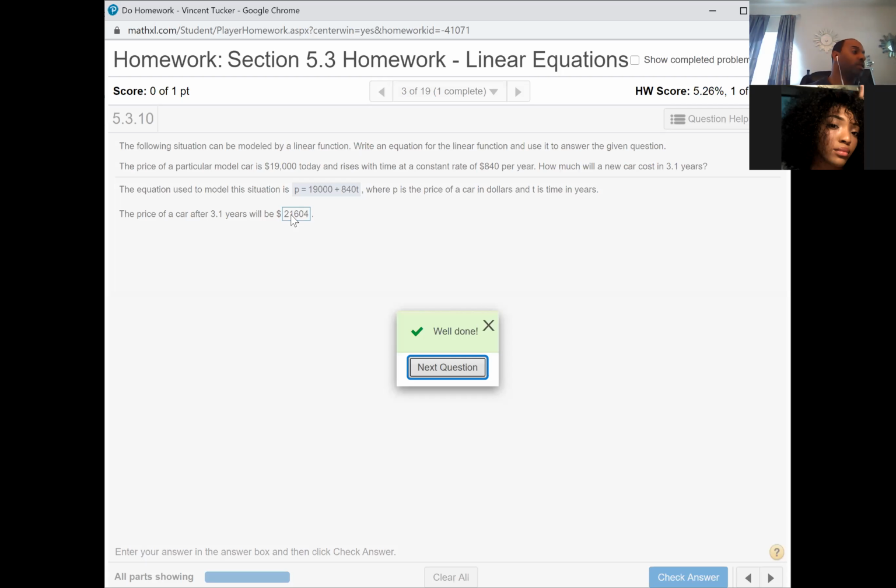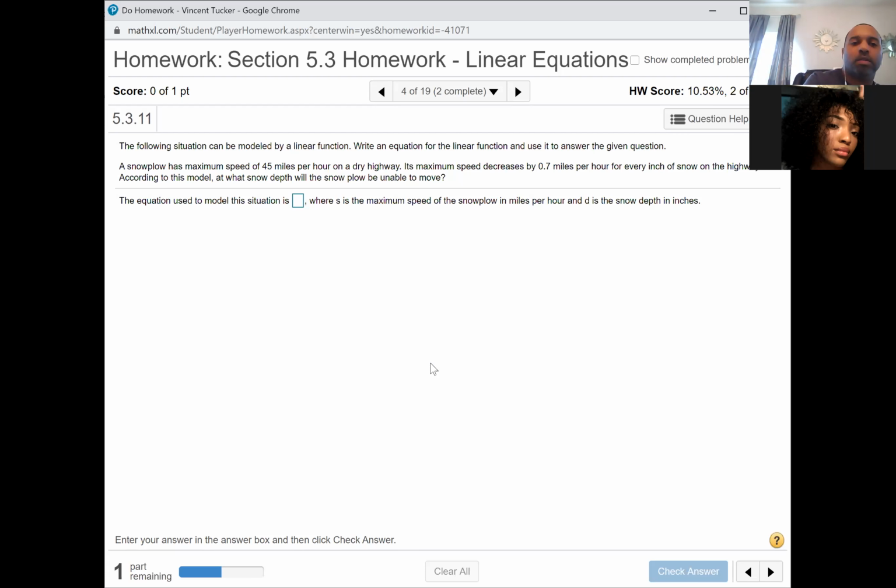All right, questions? Any questions? Let's see what's the next one that we're going to do. Okay, this one is similar to the one we just did. Notice it says decreases here. So it means we'll use a minus sign instead of a plus sign.